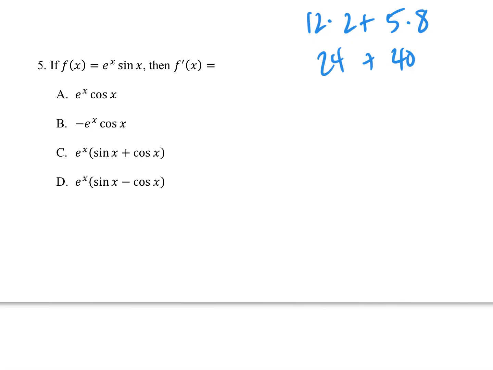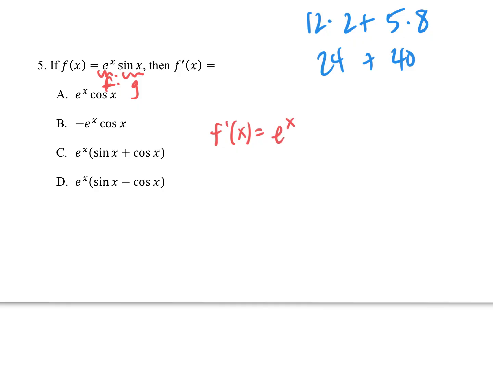Do I need to do, if they gave us F was e to the x times sine of x, does that require product rule? Yeah. Woolly's like, yeah. I see something times another something. F times G. So you guys, what is F prime going to be? What's the derivative of e to the x?